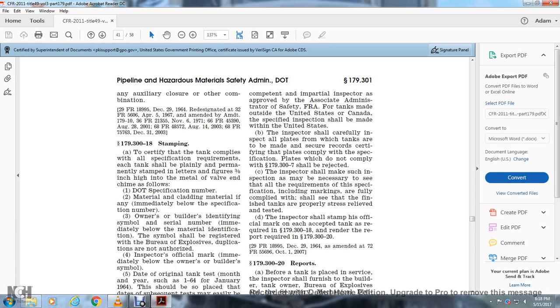Plates which do not comply with 179.307 shall be rejected. The inspector shall make such inspection as may be necessary to see that the requirements of the specification, including markings, fully comply, and shall see that the finished tanks are properly stress relieved and tested. The inspector shall stamp the official mark on each accepted tank as required in section 179.318, and render the report required in 179.320.